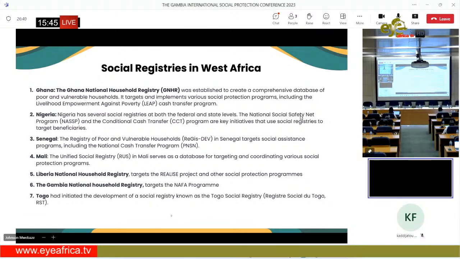Mali also has one called the Unified Social Registry. We have one in Liberia, called the Liberia National Social Registry. It targets one of the new projects called Realize. I will show you some graphs on how this is being used. And before that, it also targeted some other cash transfer programs in the country. Of course, we also have the Gambia National Registry, and Togo is also in the process of development. Not only Togo, but many other countries are also developing these registries.